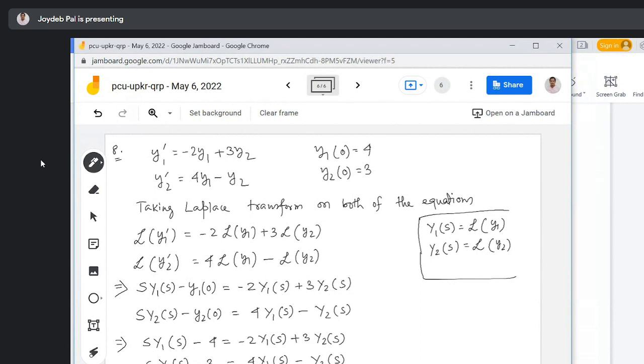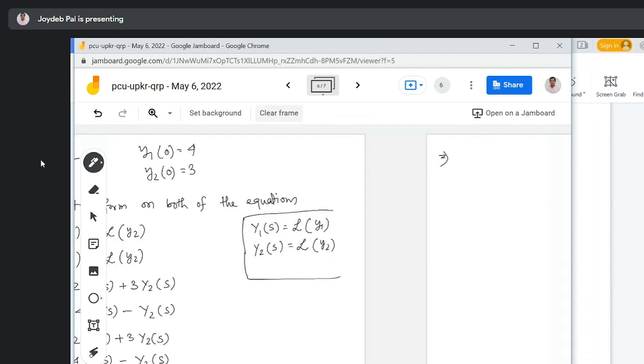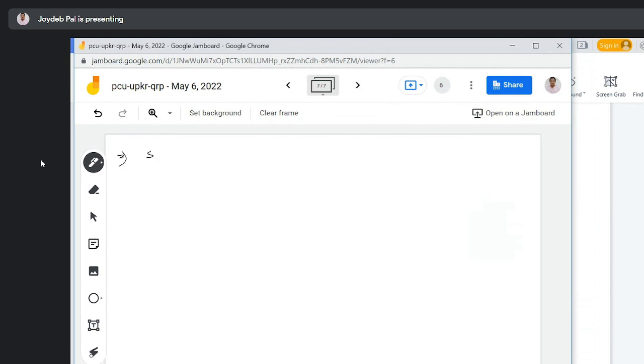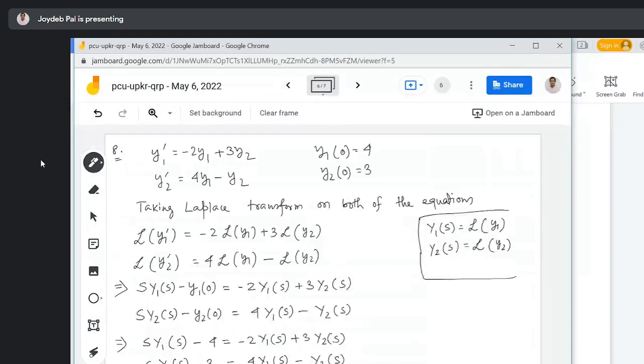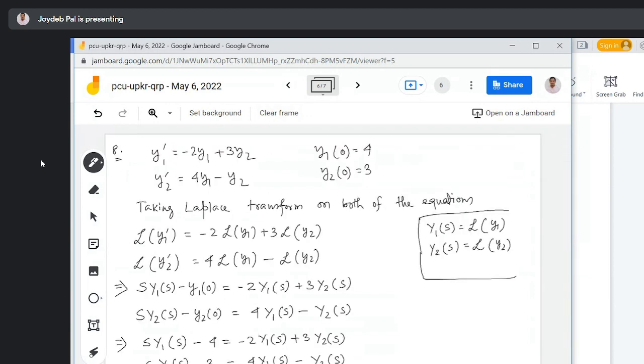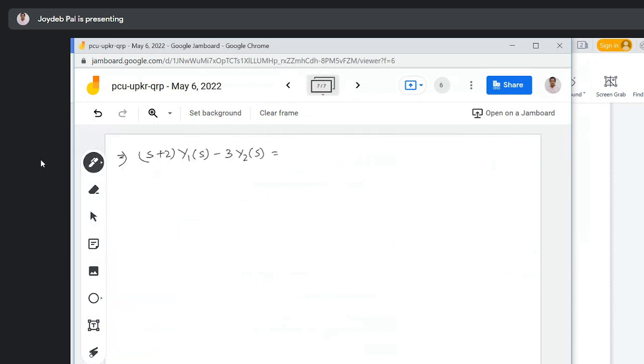Now you write the similar terms together: all the terms related to Y1(s) together and Y2(s) separately. So from the first, Y1(s) has coefficient s plus 2, so (s plus 2) into Y1(s) minus 3 Y2(s) equals 4, you move it to the right side, plus 4.